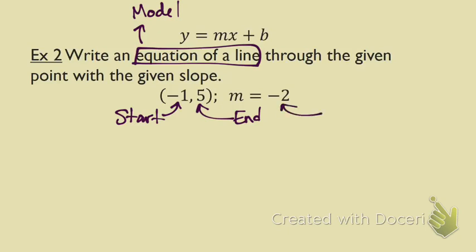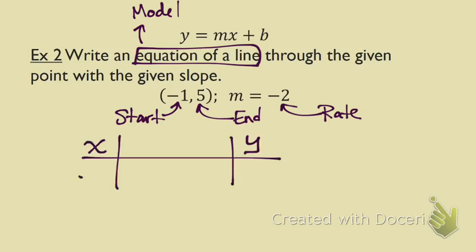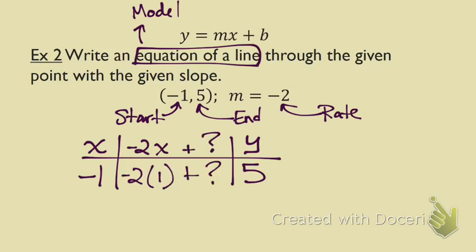And I'm telling you that the rate is -2. So we're going to create a table. We're supposed to start with -1, end with 5. And I am telling you, you will definitely have to multiply your x by -2. We just have to figure out what that magic number is.